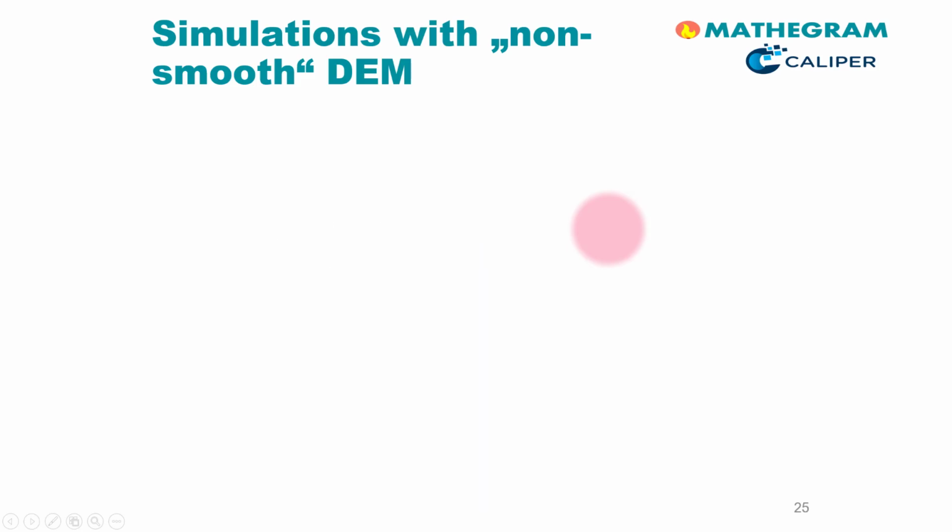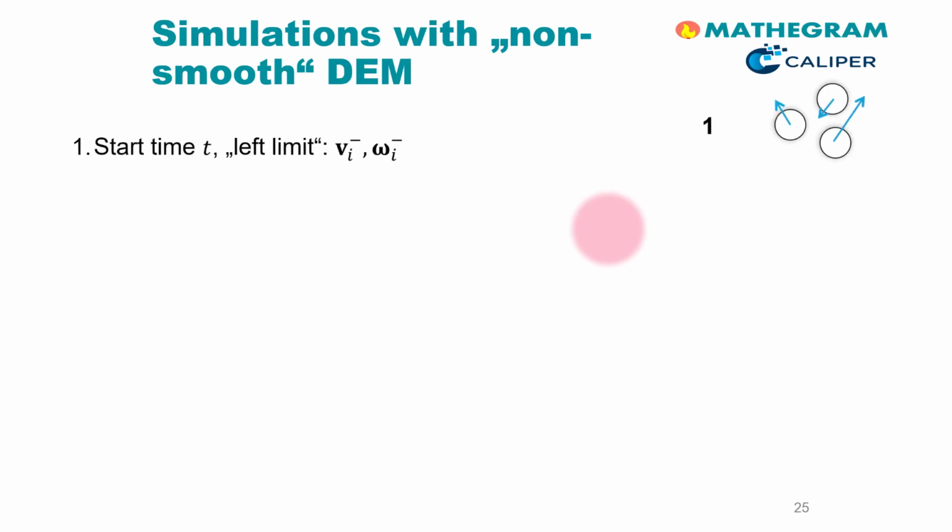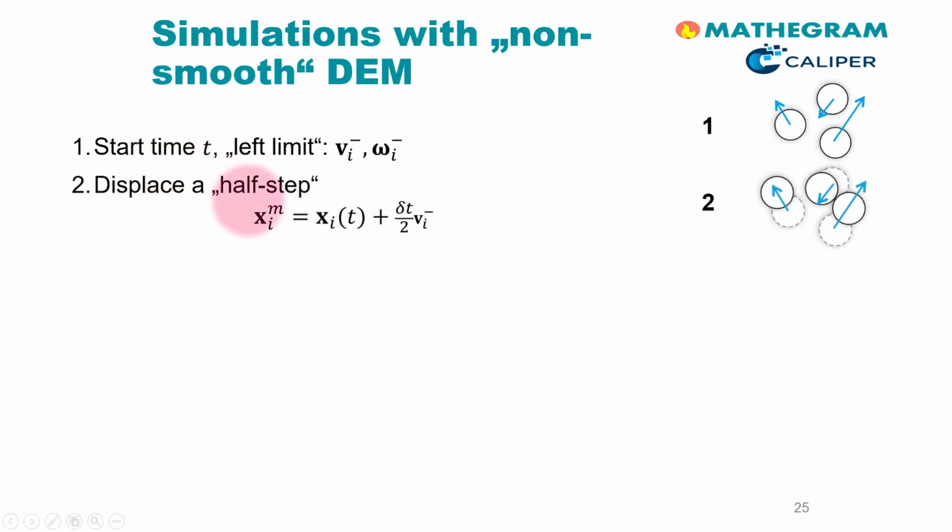We now look a bit closer at the overall time stepping procedure. First, we again stress that at the start time t, the velocities and rotation rates of the particles are indicated with a superscript minus. They are often called the left limit velocities to indicate that they are the initial velocity the time step starts with. Second, a half step of the position x is done using this left limit velocity.